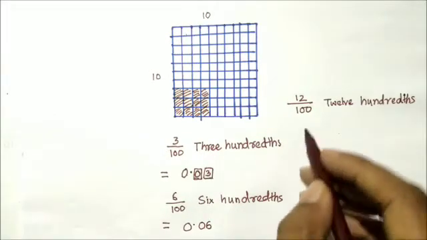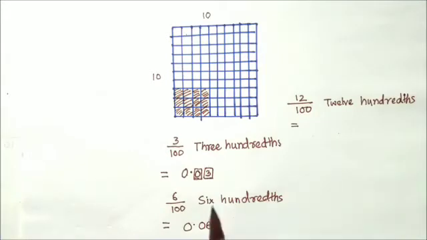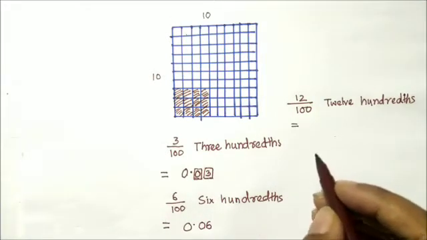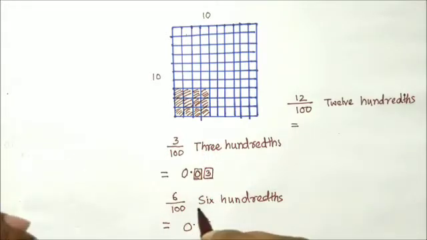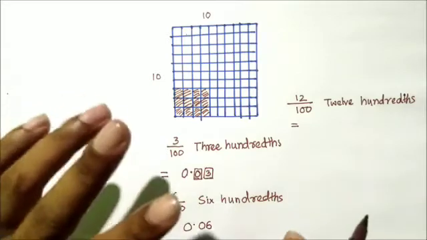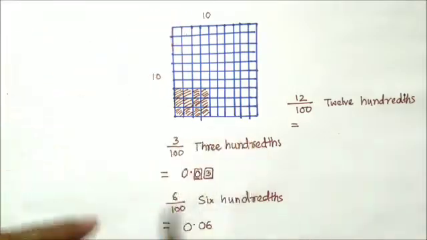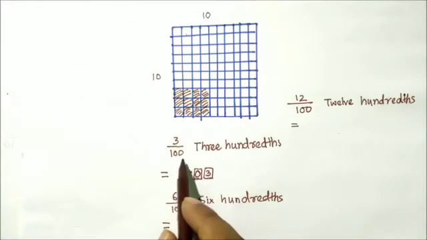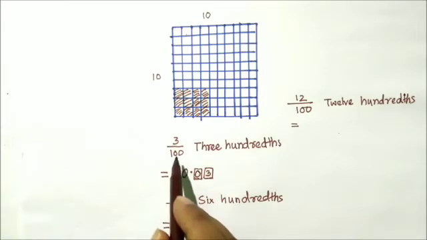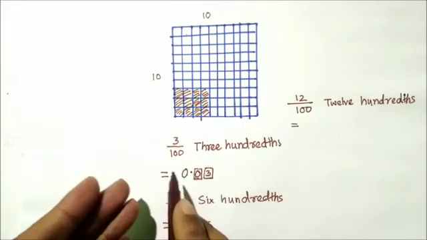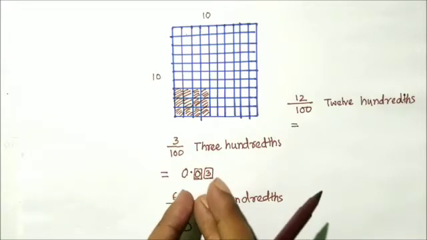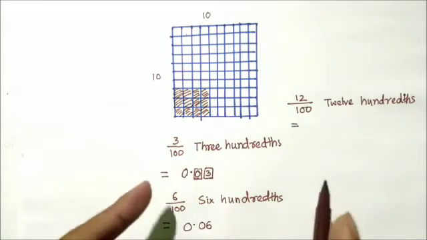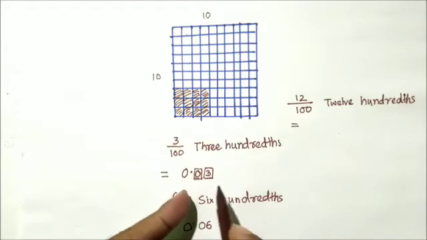And how to write it as a decimal expression, using the decimal point? I have already told you that after the point you must keep 2 digits. Why? Because below there is 100, and 100 means 2 zeros. The number of zeros is the number of places we must keep after the point. Since here there are 2 zeros, we will keep 2 digits after the point.